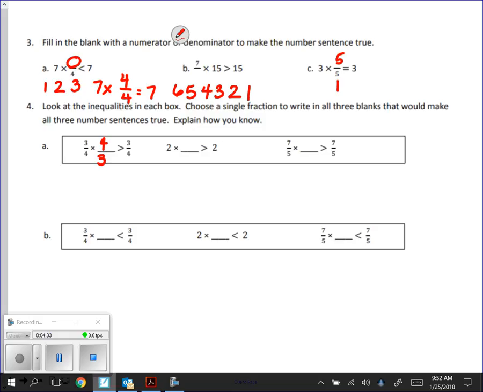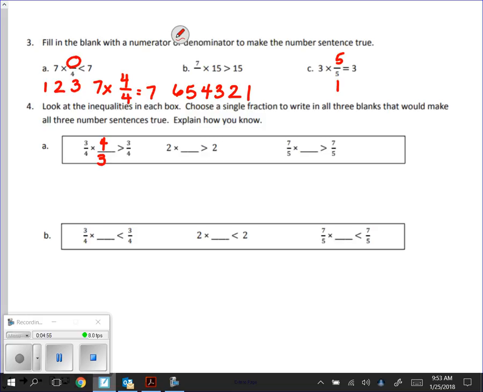2 times something greater than 2. So, Nardo, what did you put there? What improper fraction would you put in there? I know, it's fine. What improper fraction could you put in there? I'm not upset.